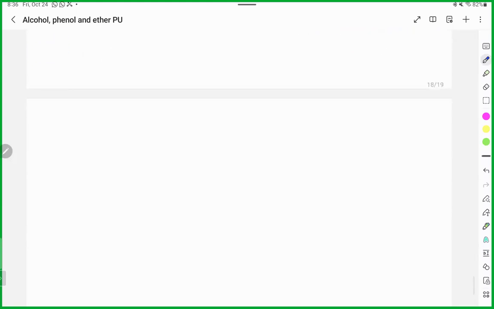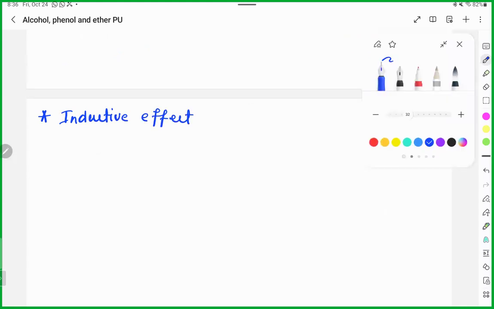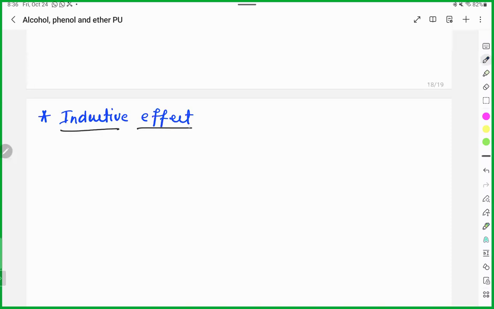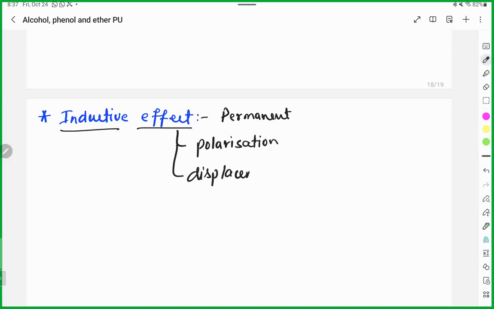Chinmay, what do you mean by inductive effect? Permanent polarization of the molecule will be due to difference in electronegativity of the adjacent atoms.